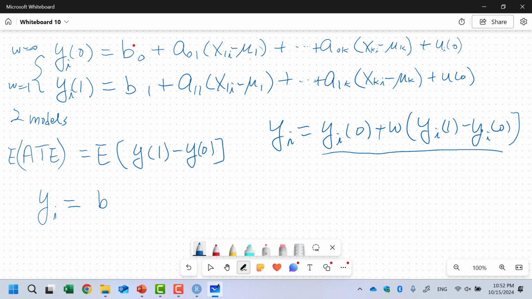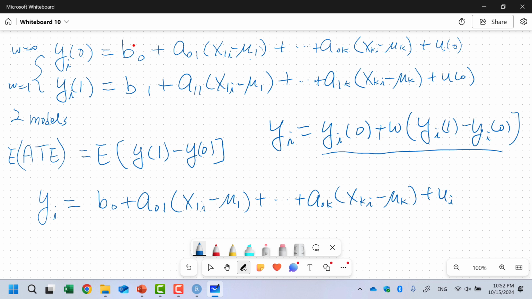What we can get is b0 plus a01 x1i minus mu1 plus, I will not write down everything, xki minus mu k plus ui0, right?